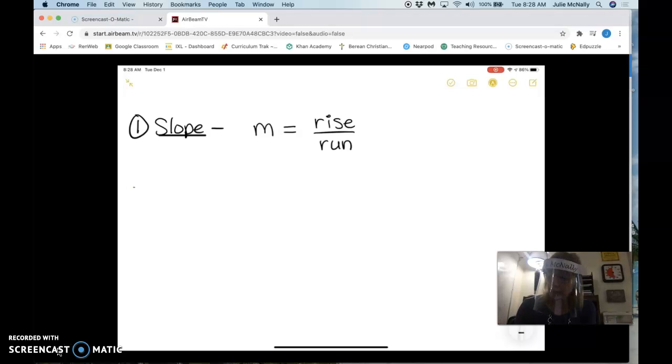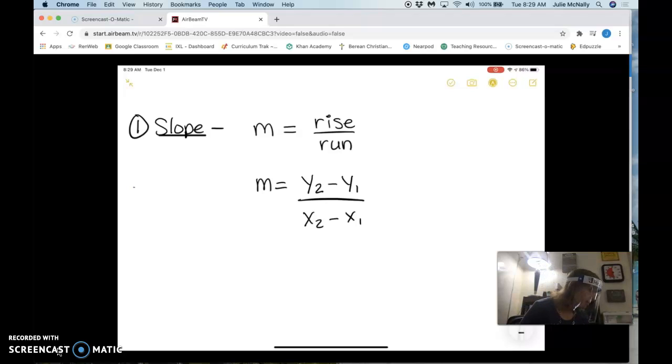And a formula that we're going to use for this today is slope equals y2 minus y1 over x2 minus x1. So they're going to give us some coordinates, and then we're just going to plug them into that formula, and it will tell us what the slope of the line is.